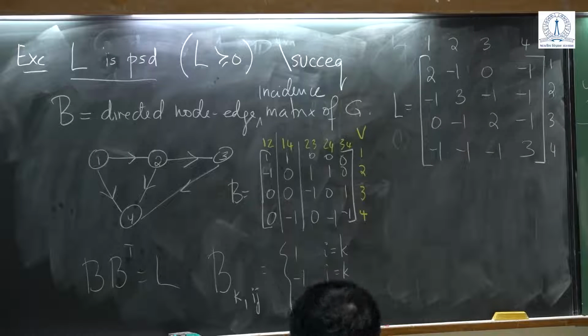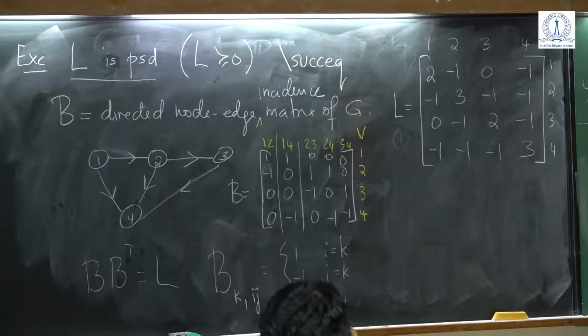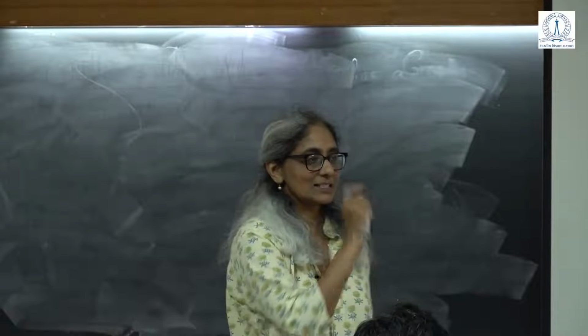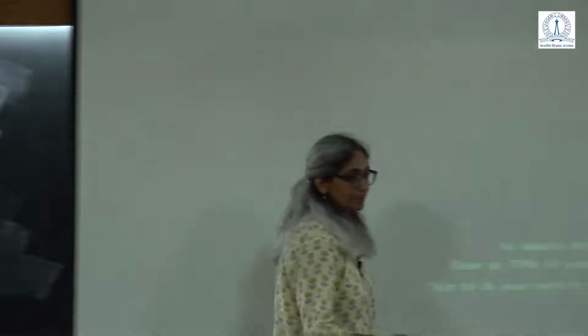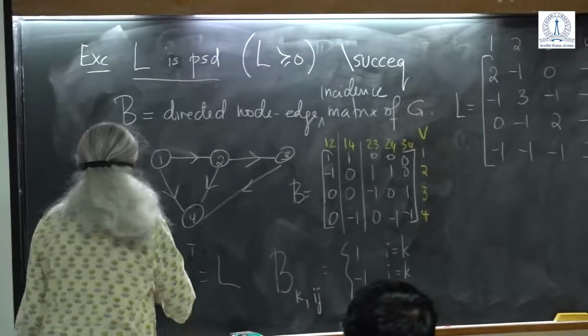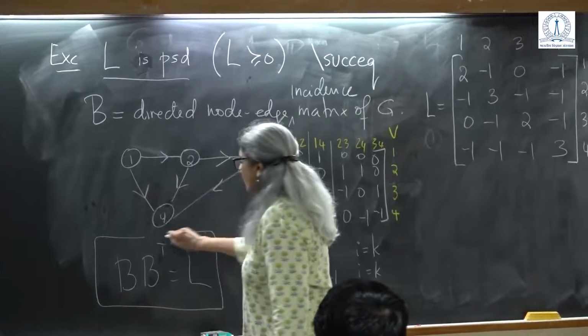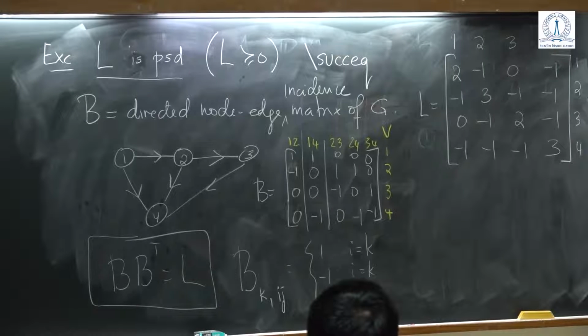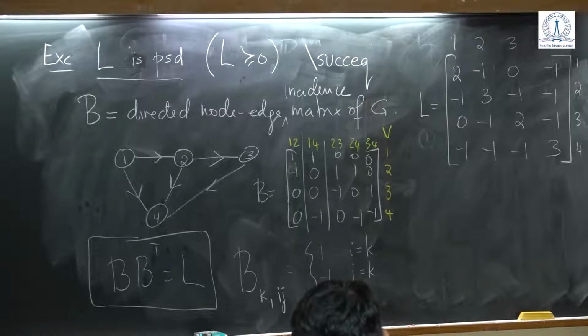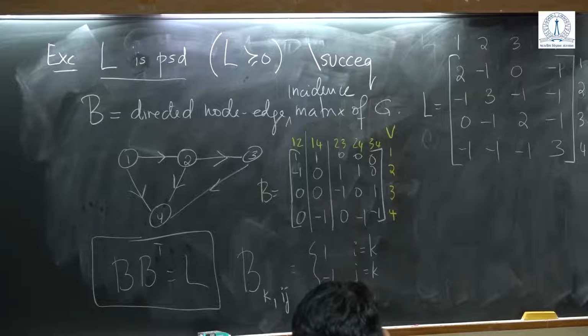Just check one row at least. See if it works out. You can finish the calculation, but this is true, and you can try to prove this in general. I just did this on an example, but this is one way to prove that the Laplacian is PSD. You argue that it is equal to BB transpose, where B is a directed node edge incidence matrix.